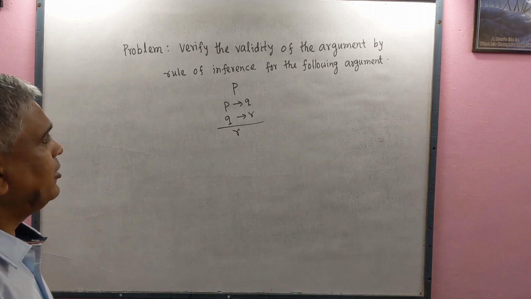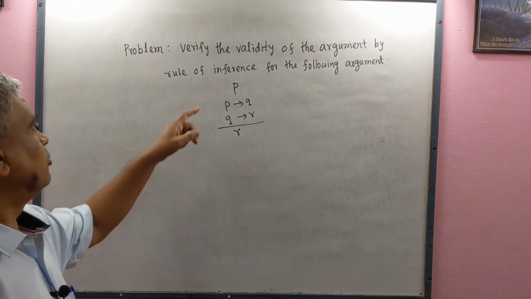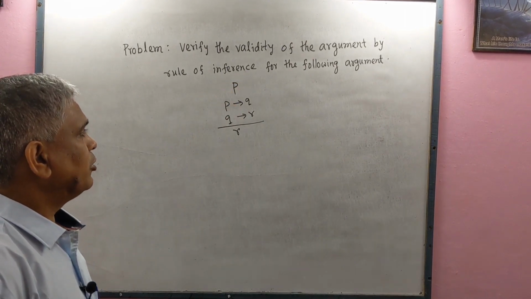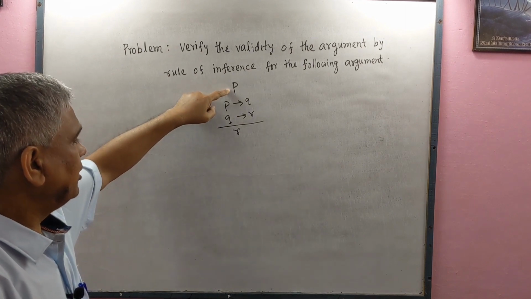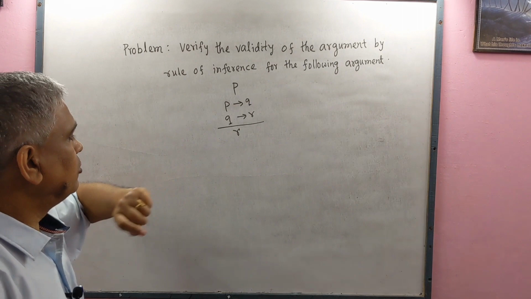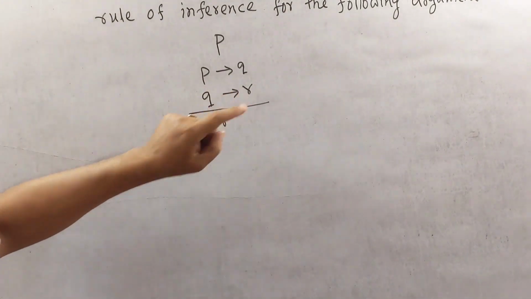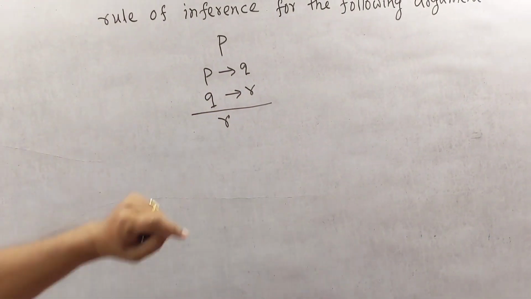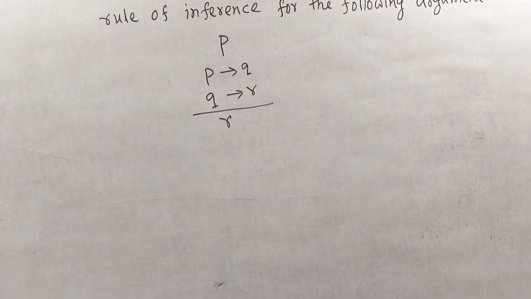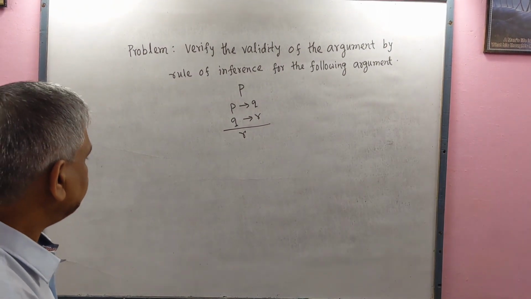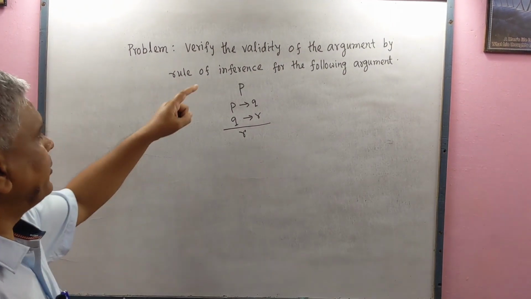Verify the validity of the argument by rule of inference for the following argument. The argument is given that P implication Q, Q implication R, and conclusion R. We have to verify whether it is a valid argument or not with the help of rules of inference.